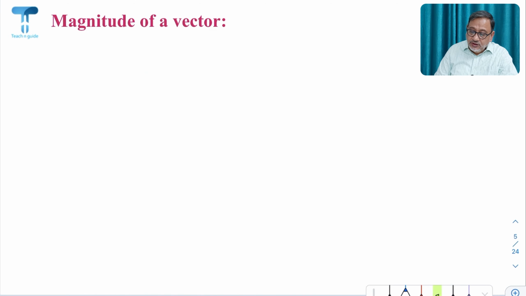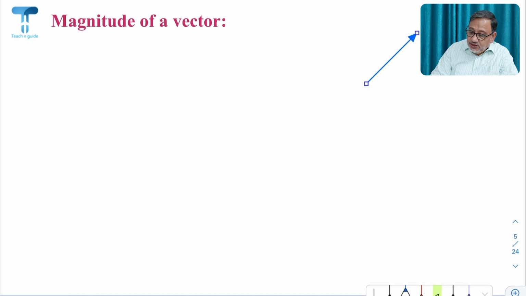Now magnitude of a vector. If we are writing it in terms of components, then how to find the magnitude of a vector? To write the magnitude of a vector, I am going to use its components. So let me draw one diagram of a vector.